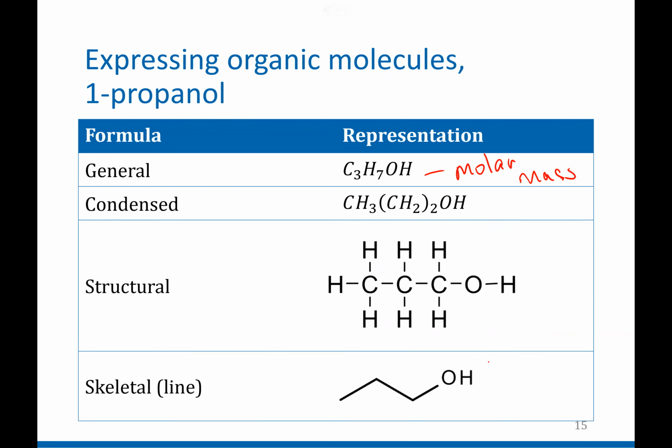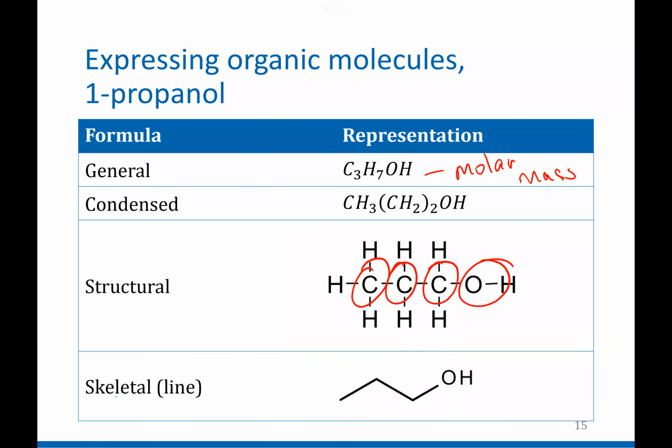And then there's skeletal. Now, keep in mind, guys, these are all the same chemical. It's called 1-propanol. So have a look at the skeletal. It's 3 carbons in a row, right? So 1, 2, 3 bonded to an OH. Let me pick a different color here.